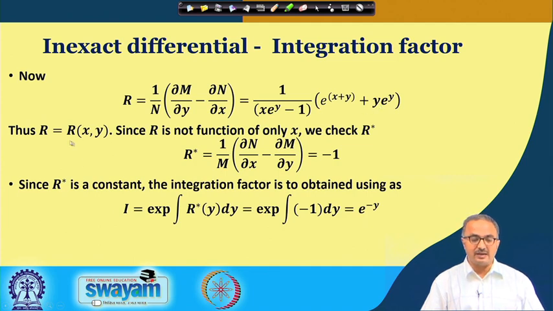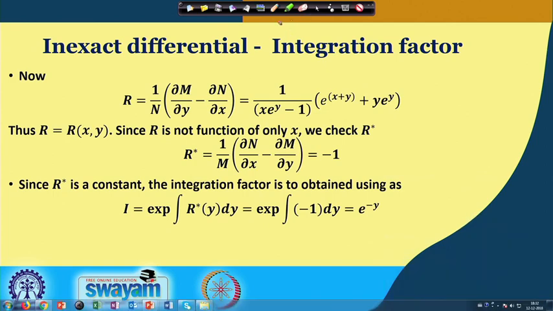Now, we see that r is a function of both x and y. That means, if I is a function of only x, then we should have r as a function of only x. Because we find that r is a function of x and y, it means I is also a function of x and y. So, we should not be using this particular way of finding the integration factor.